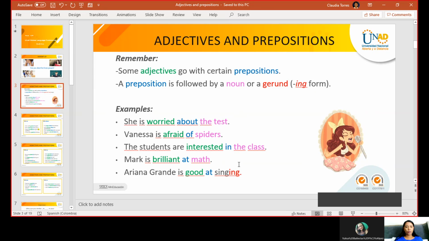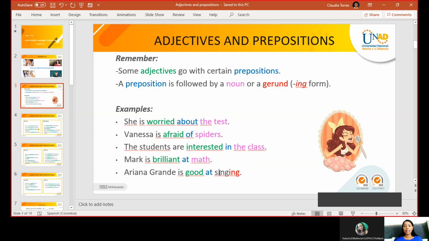Okay, pay attention here because this one is very important, Julissa. So when you have an adjective, like good, and then you have a preposition at, but the next word is not a noun, it's a verb. Sing is a verb, right? So you need to use the gerund for that verb.